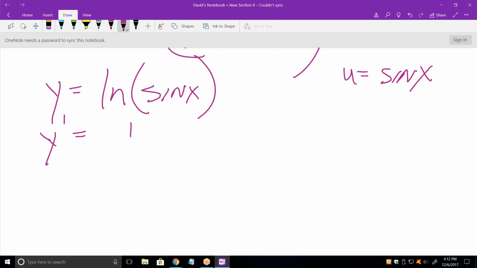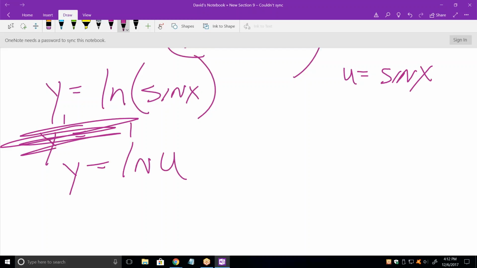So what I really have is y equals natural log of u. So y prime is 1 over u, but now I have to take it times the derivative of the inside. What's u prime?